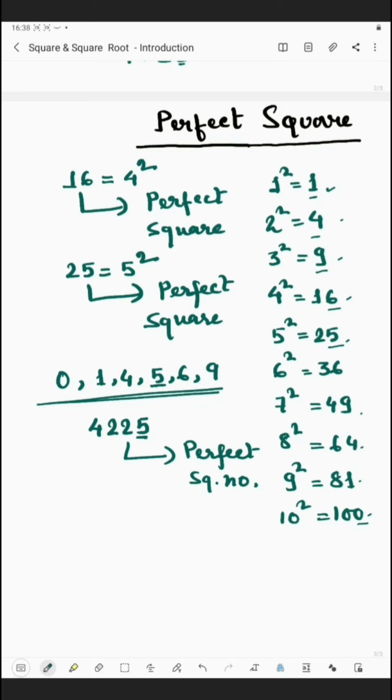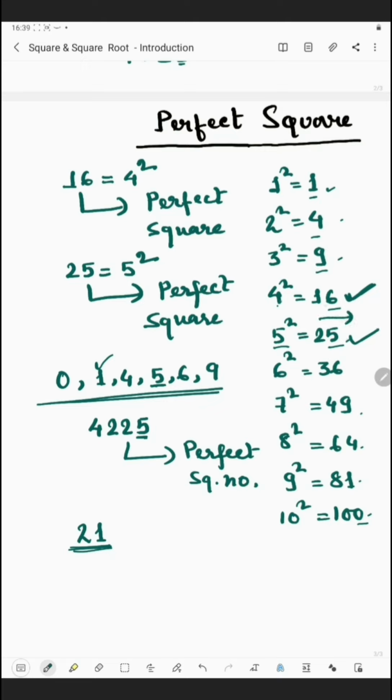But if I take a number, say 21. Now see, this 21 ends with 1, and 1 is there in this set of numbers. But 21 is not a perfect square number. Why? Because 4 square means 16 and 5 square means 25, and 21 comes in between these.